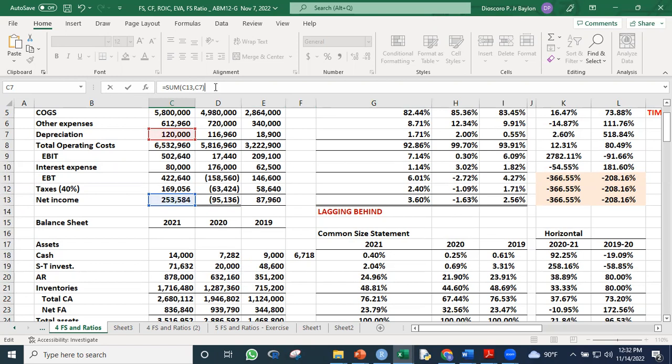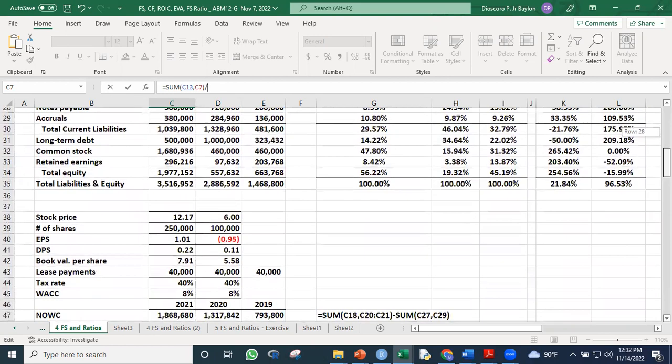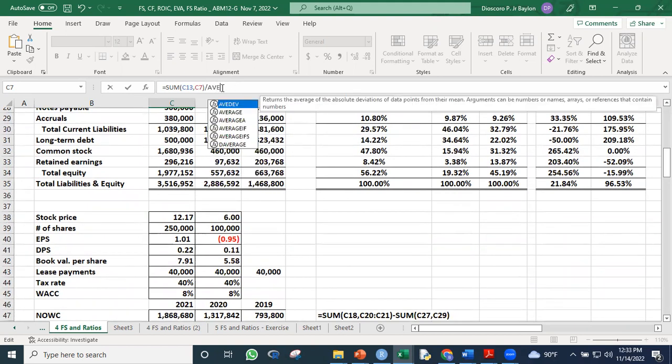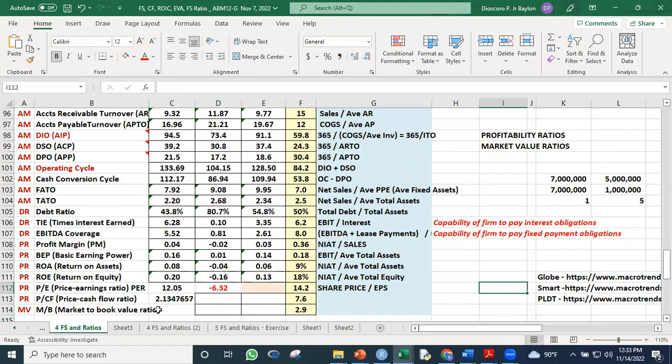So this is your net cash flow, and then we divide it by the number of shares. The net income after tax is for the whole year, and so is the depreciation. So what we do with the number of shares is also to get the average, because especially when there are changes, you should average the 2021 and 2020 figures. There.